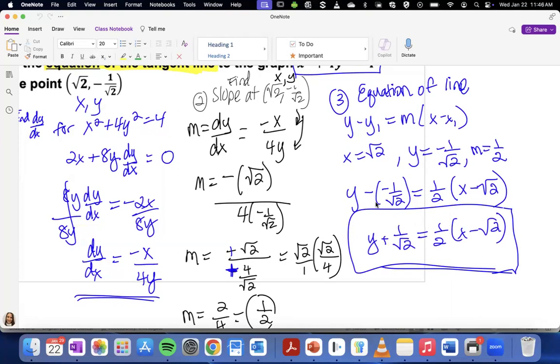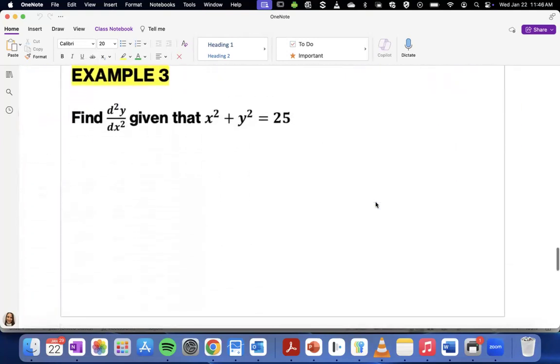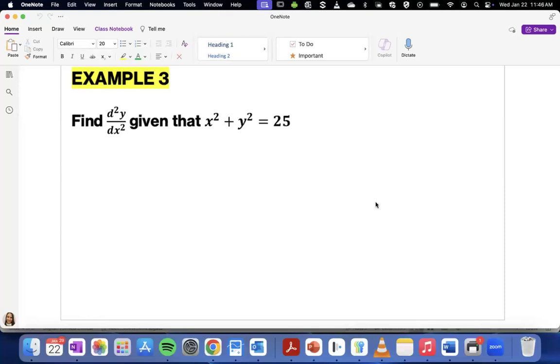Next, this last one. I'm going to show you this. I don't even know that I'll formally test you on this, but you will see it if you go to a college calculus class, so I feel like it's my duty to show you that this exists. If I remember correctly, we spent a little time on it, and my professor, even as difficult as she was, said in my college notes, don't worry about subbing in for the dy dx.